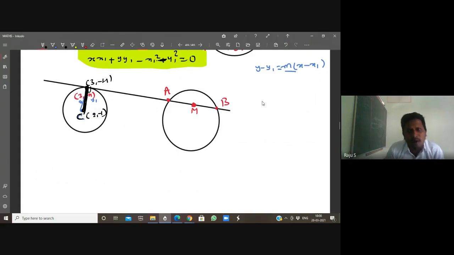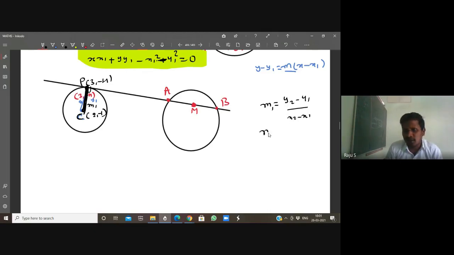When we know the two points, how can we find the slope? Let us take this point as P. The P point is 3 comma minus 4. What is the slope of CP? I am taking the CP slope as M1. M1 is given by the formula y2 minus y1 by x2 minus x1.